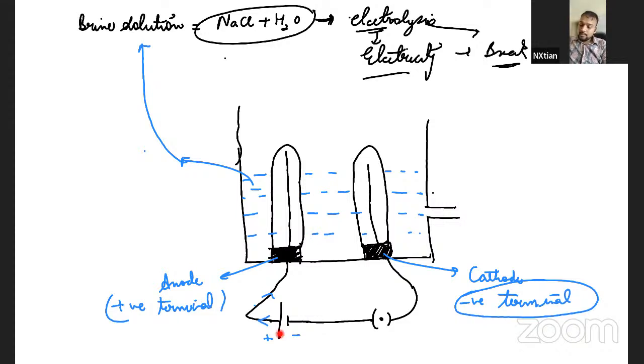Okay. So now what I did, I joined this cathode and anode with a battery. Okay, this is a battery and this is a switch. Simple arrangement.